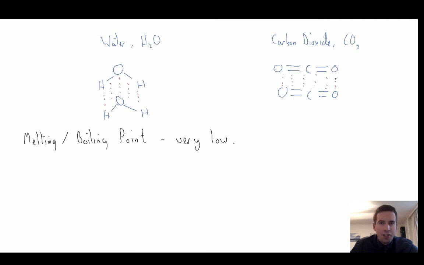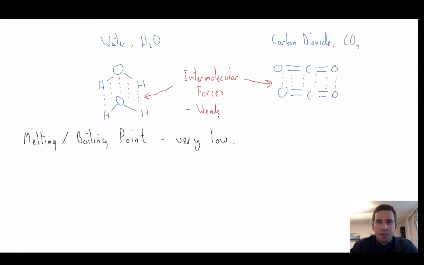You're in fact breaking what are known as intermolecular forces. Now, intermolecular forces are forces of attraction that occur in between molecules. Intermolecular, in between molecules. So these attractions are what are holding the molecules together in either the solid or the liquid. And it's these forces which are broken when you go past the melting point or the boiling point.